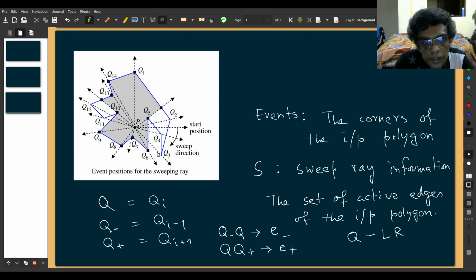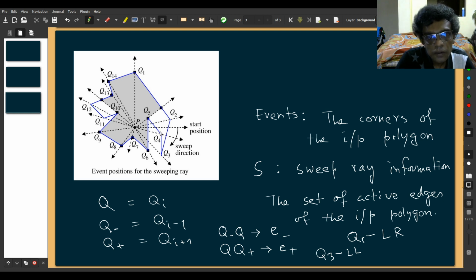Q3 on the other hand, you see that both Q2 and Q4 are to the left of this ray at this position. So Q3, sorry, this is Q1, I should write, Q3 is of type left, left. And if I look at Q5, at this position, what happens? Both Q4 and Q6 are to the right.